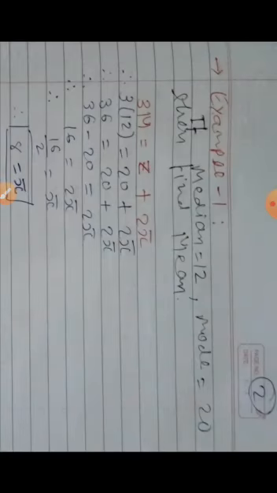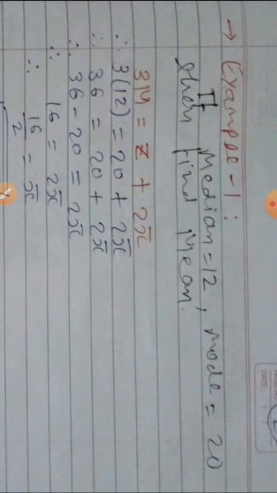Now all these uses you can understand well after going through an example. So I have taken one example. Here two values are given: median 12 and mode 20, and mean is asked. So you have nothing to do, just write the formula, place both values, and find the third one. So 3m equals z plus 2x bar.